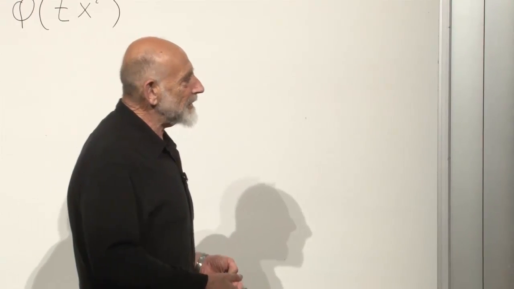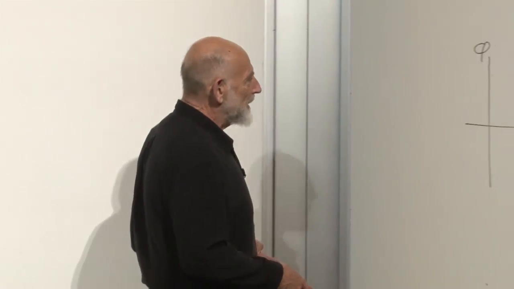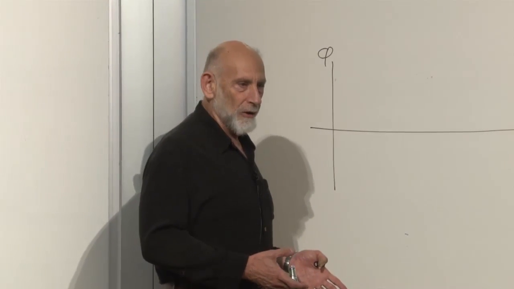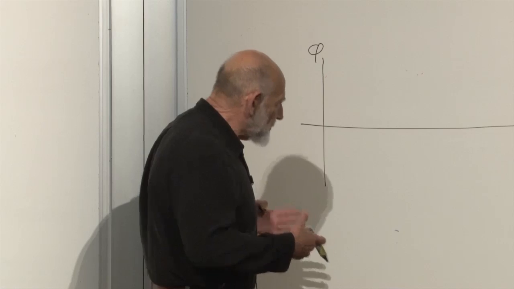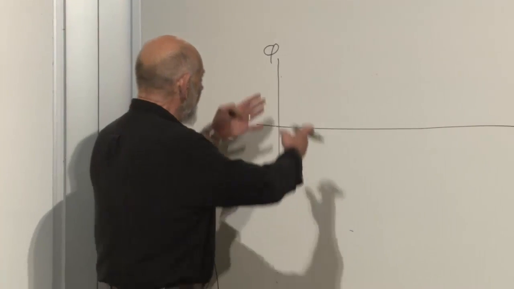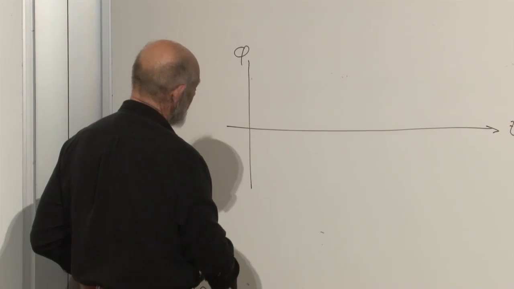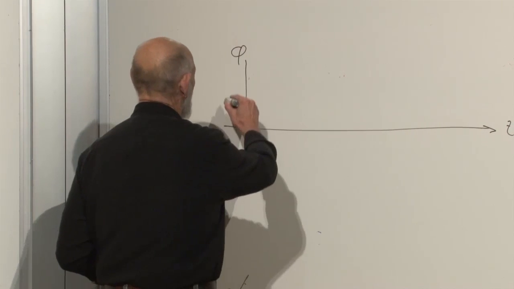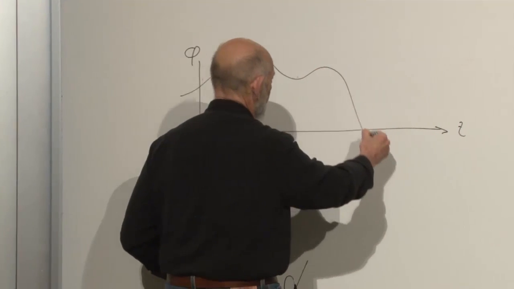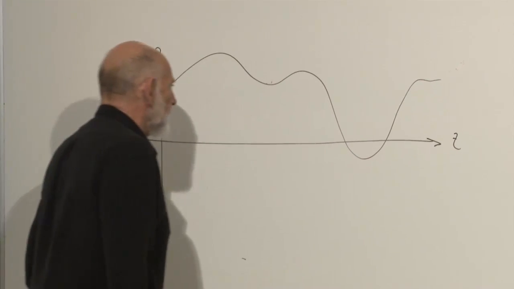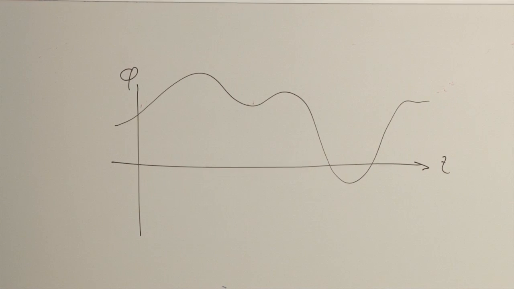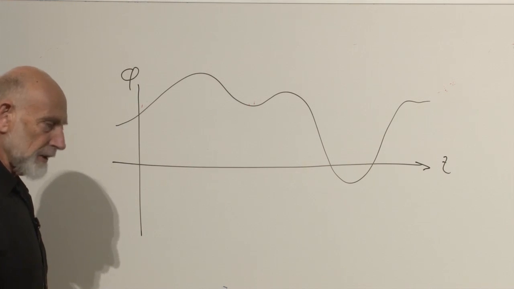And then what is the motion of a particle, or the history of the motion of a particle? It's a curve which tells you what phi is at every point of time. It can go negative, it can go positive. There it is. And how do we describe it? We describe it by the principle of least action. Let's write it down now.